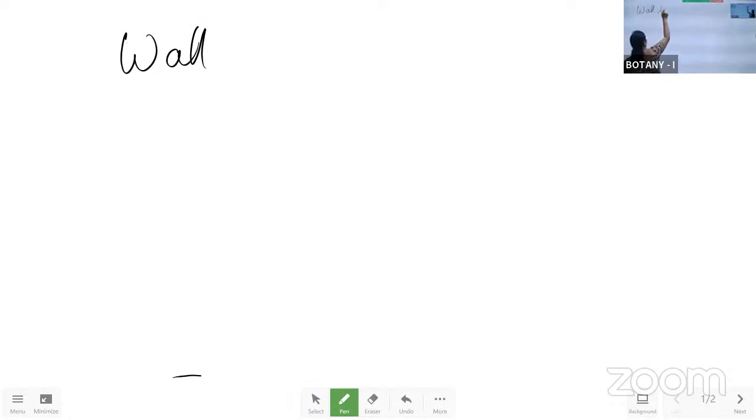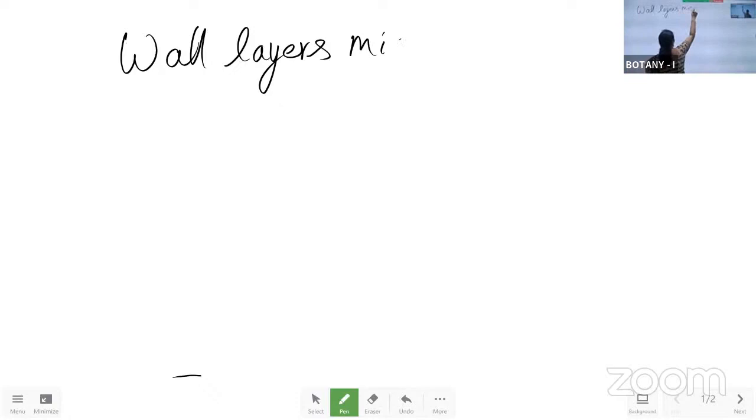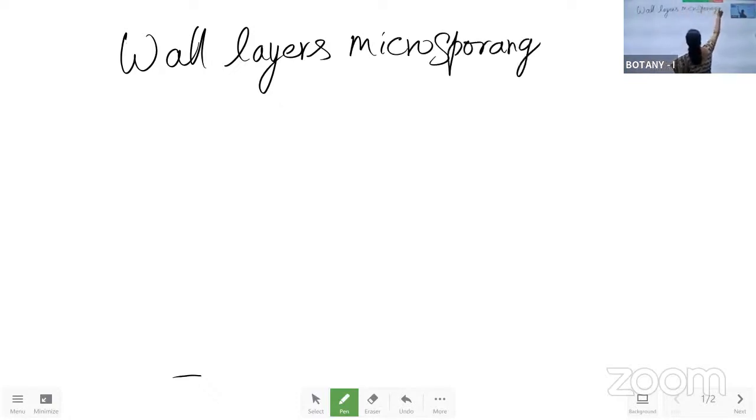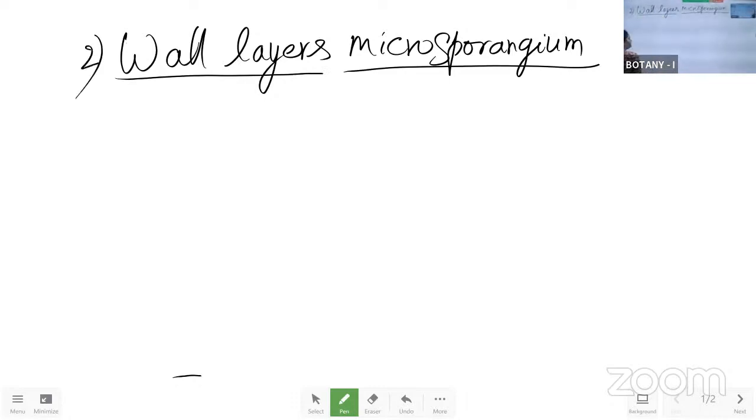Wall layers of microsporangium. This microsporangium is present in the anther lobe of the anther in the flower. The flower has the filament and the anther, a dithecous anther, and this is the front view.